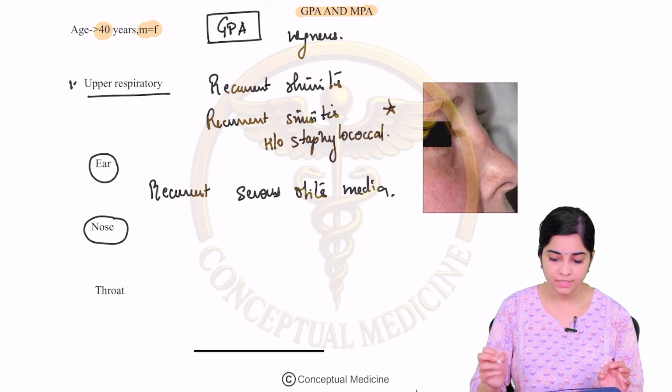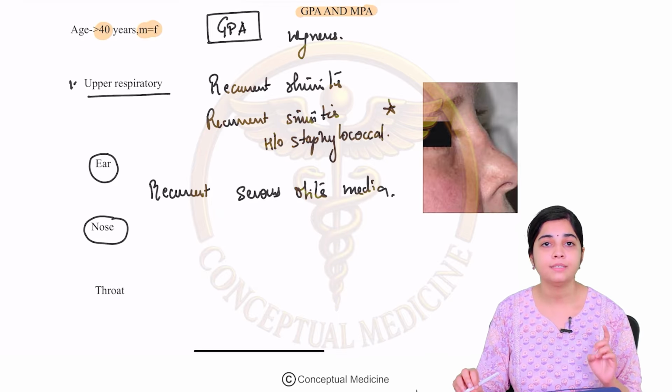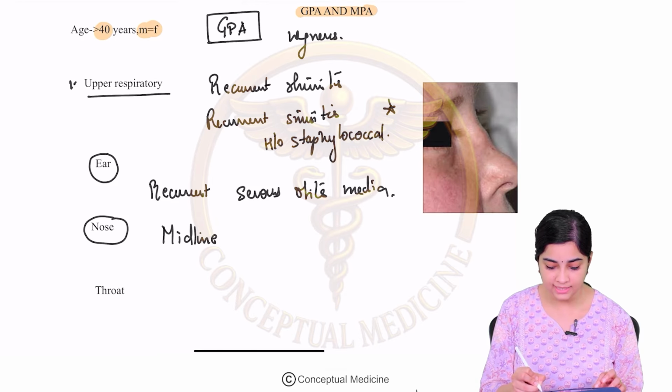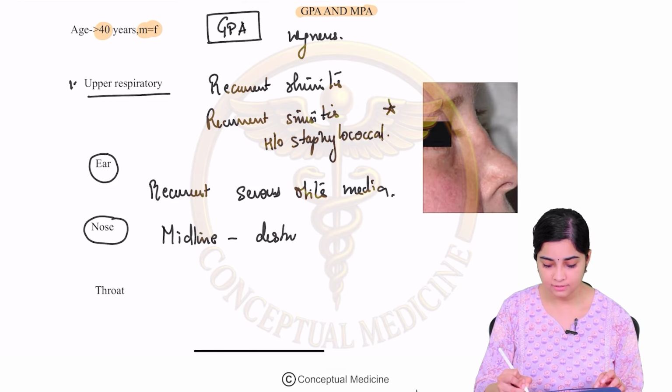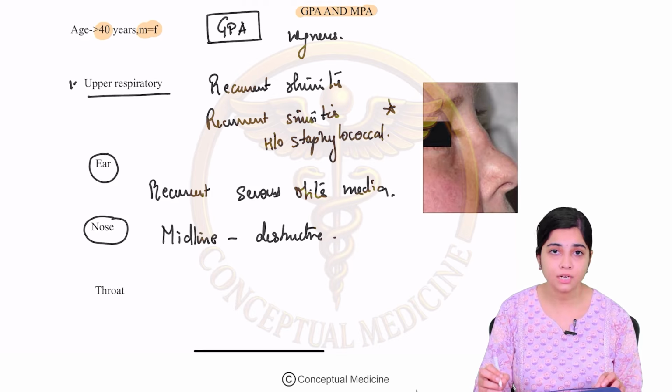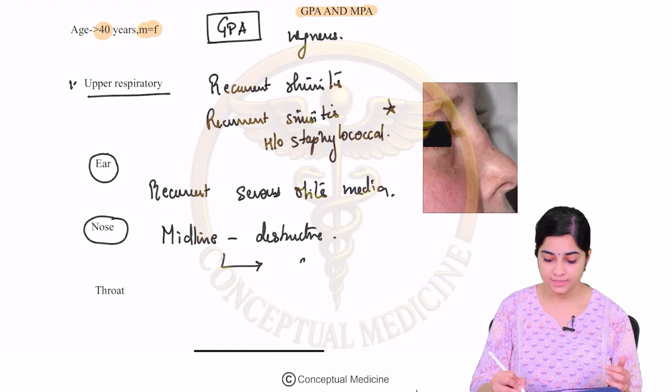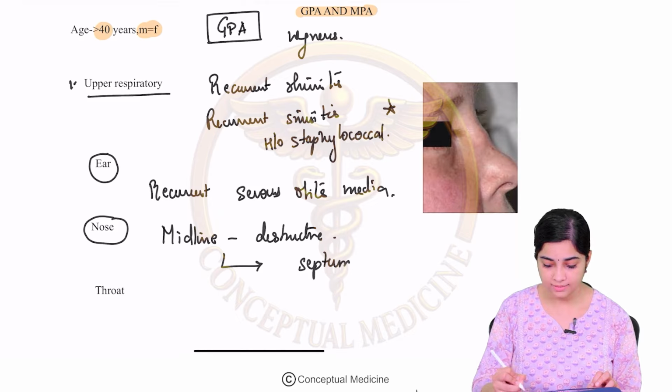Then very, very characteristically they present with midline lesions and they are destructive lesions, midline destructive lesions. So this can result in destruction of the septum of the nose, it can result in destruction of the palate.